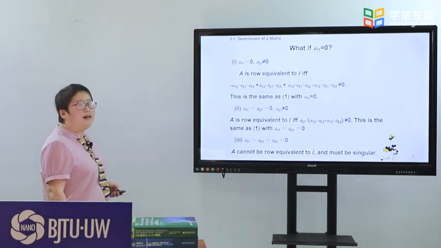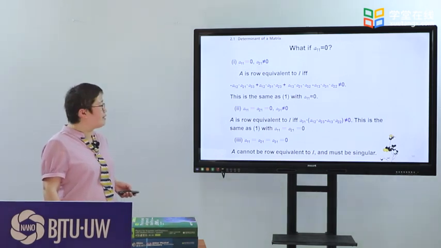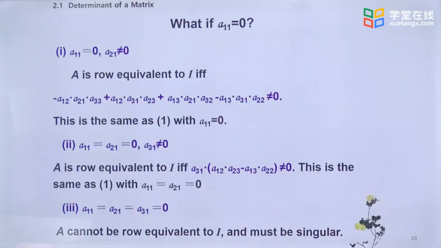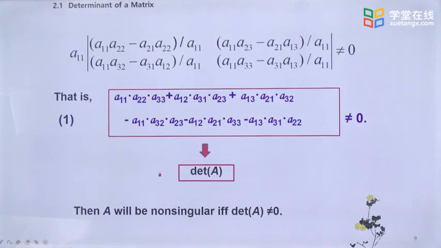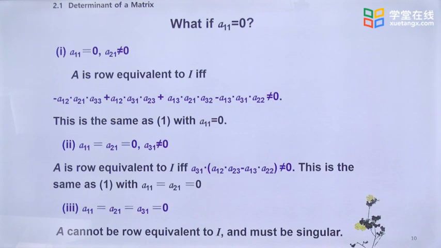Another special case is that A11 equals A21 equals 0. When A31 does not equal 0, then we know that A is row equivalent to the identity matrix if and only if this term does not equal 0. And this is also the same as the earlier expression with A11 equals A21 equals 0.